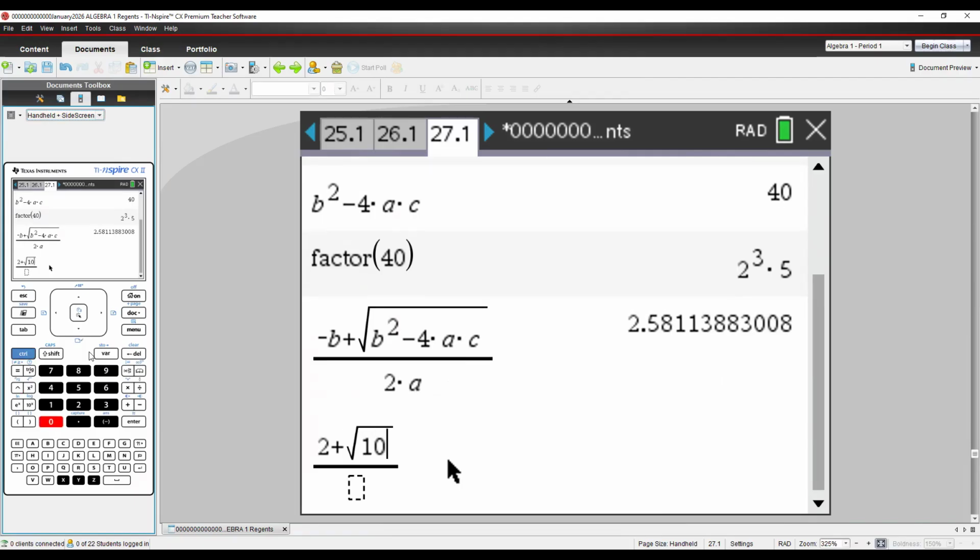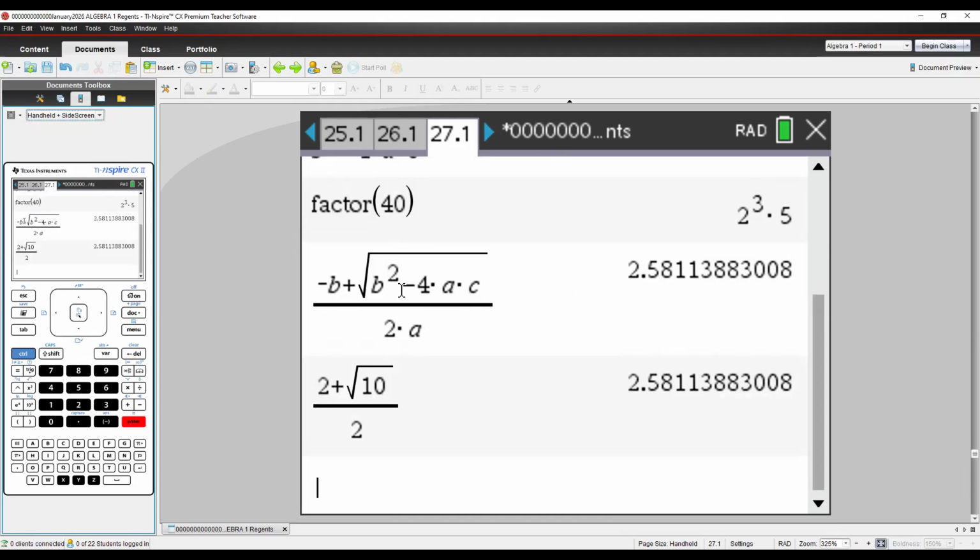And then on the bottom, it's going to be 2 as well. And then I press enter. Now it should match, and they do. So that means this answer is equivalent. I just simplified it and kept it as a radical. All right, that's what you're doing. That's your answer. And I'm going to stop and I'm going to post this.